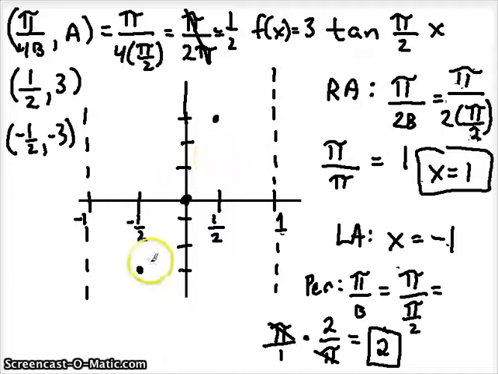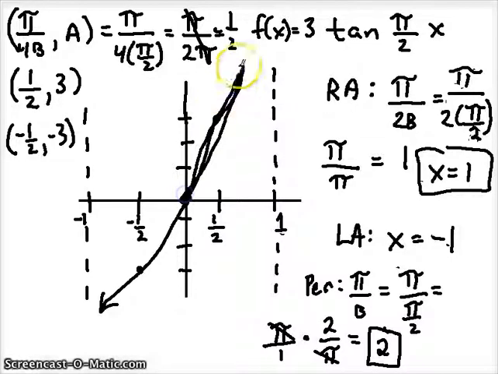What we got to do now is draw the shape of our graph. We know that it's going to come down and approach this. So it's going to come down and approach that asymptote forever, right? It's going to come up and approach that. Kind of sort of like this. There we go. A little messy.